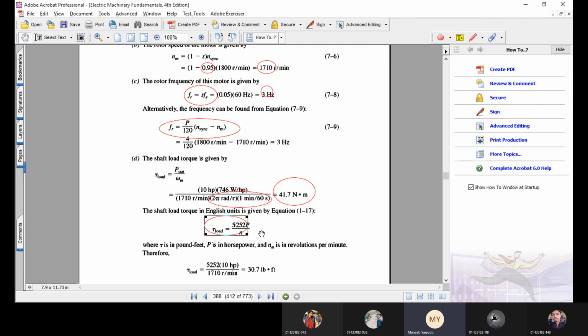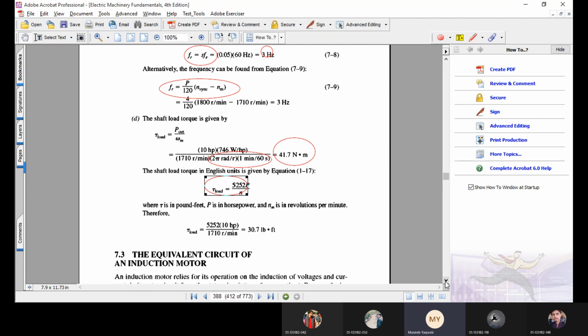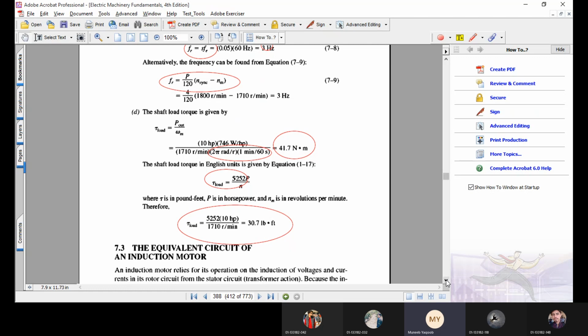So we can use this formula to calculate the load in foot pounds. So in the second calculation, for power P we will be using horsepower, and for speed we will be using revolution per minute, and we will get the torque in foot pound units. So this is the torque in the foot pound unit.